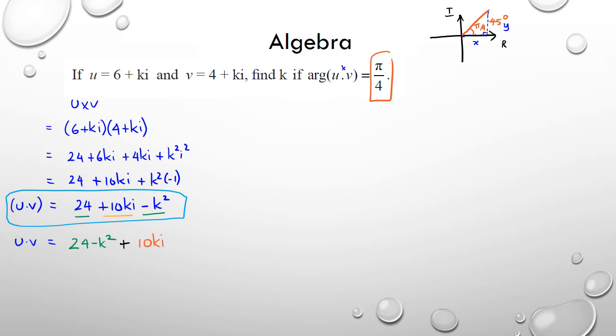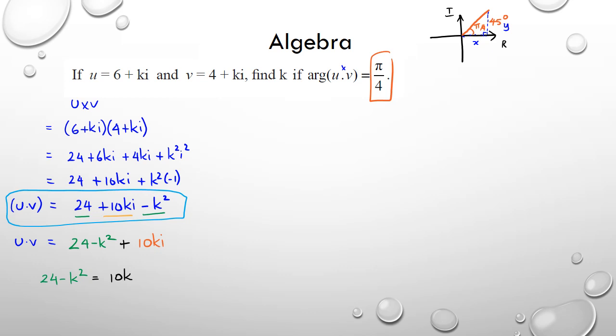Okay, so if the real part equals the imaginary part, then 24 minus k squared is equal to 10k. This will give you an argument, or angle, of 45 degrees.